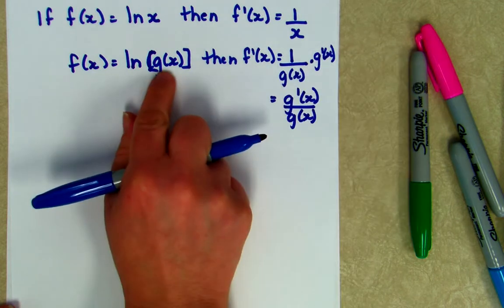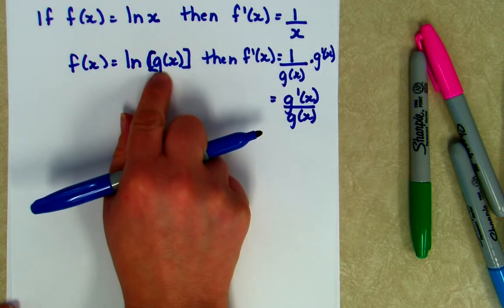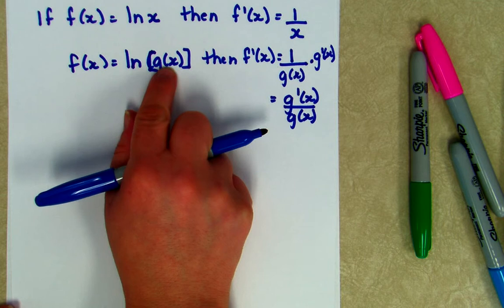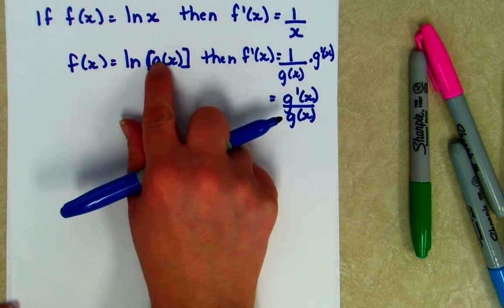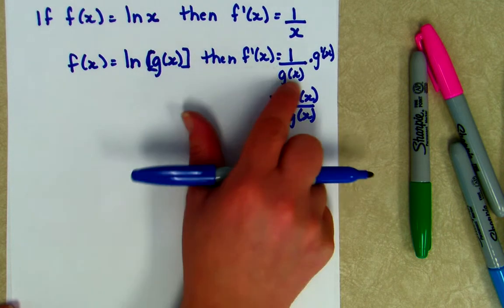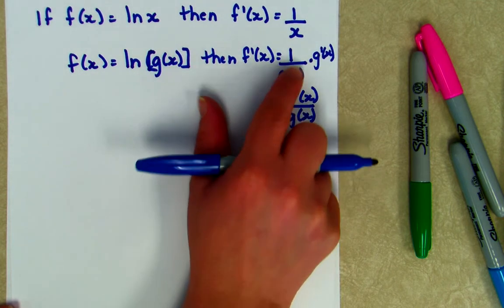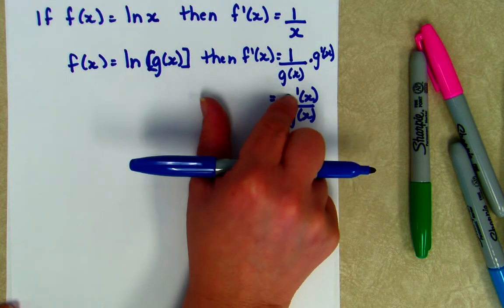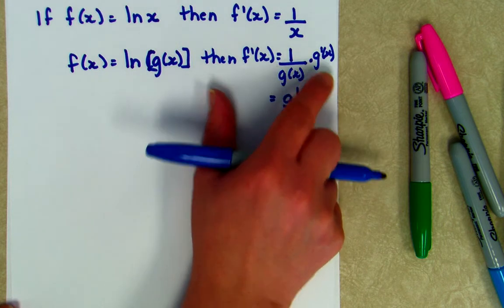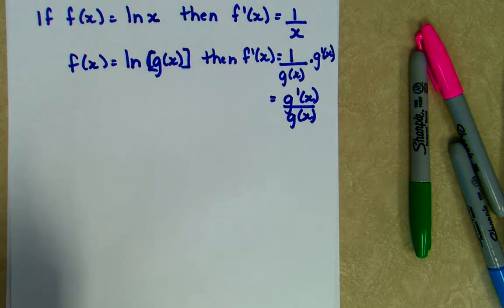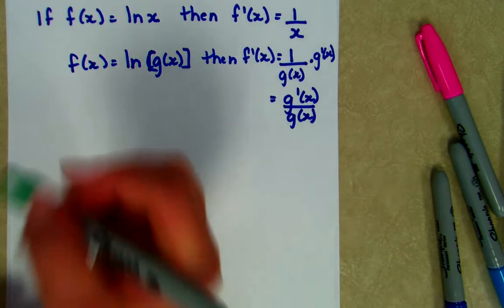So if you have a function that you're taking the ln of, it's not just x, then it's 1 over what you're taking the ln of, multiplied by the derivative of that function, and you can just end up moving it to the top, because 1 times g' is g', g times 1 is g. So we can do some examples now.